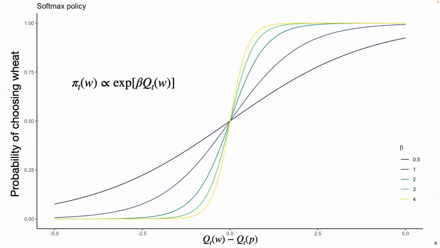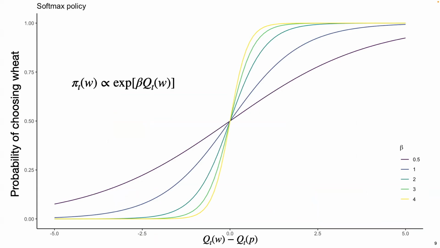All right, let me talk a little about the beta value. Beta, or inverse temperature, controls the skewness of the response towards your original Q value.